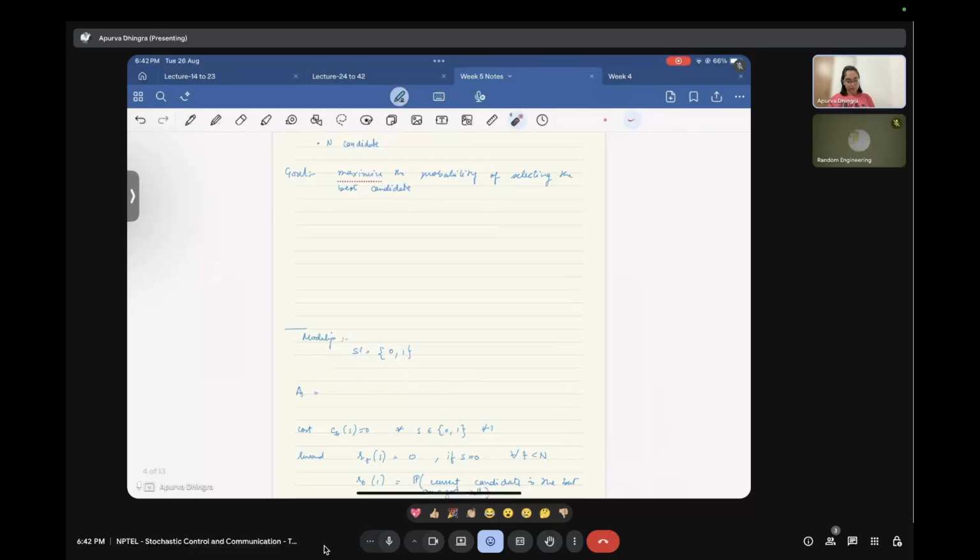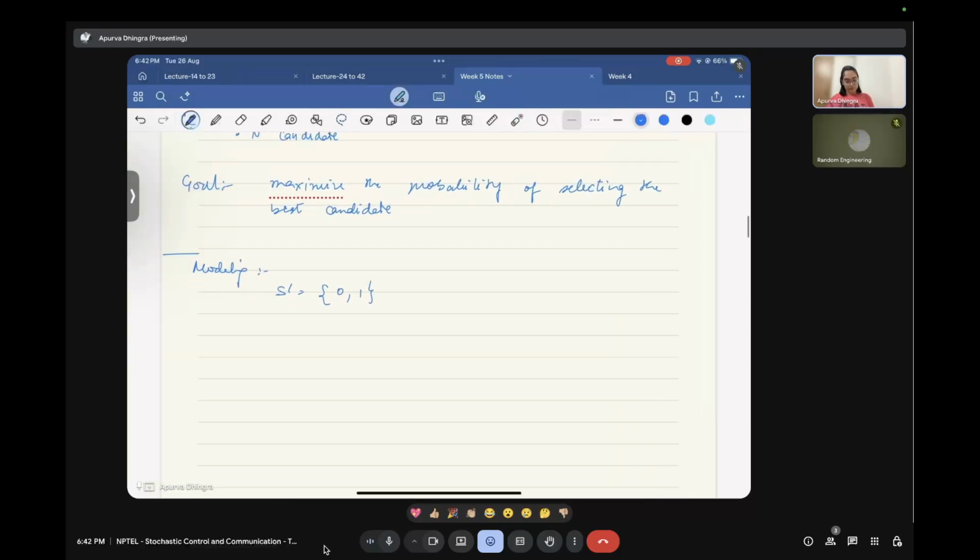So the modeling of this problem is this way. There are two options. The state can either be 0 or 1. 0 or 1 here means, at that particular point of time, this is the best candidate so far.